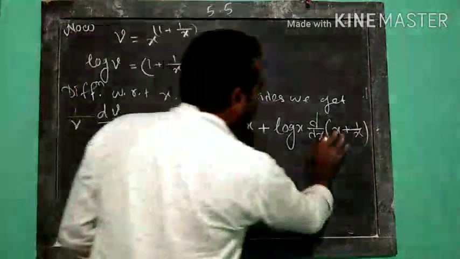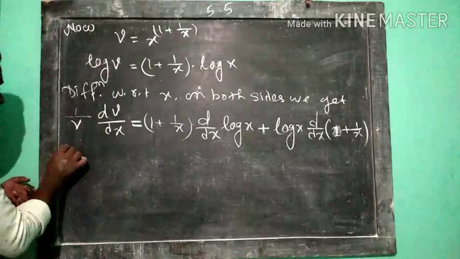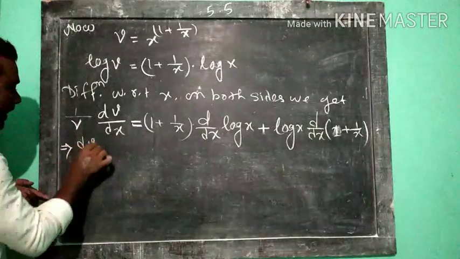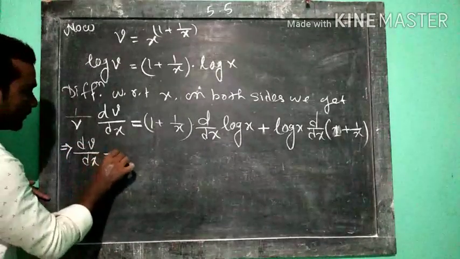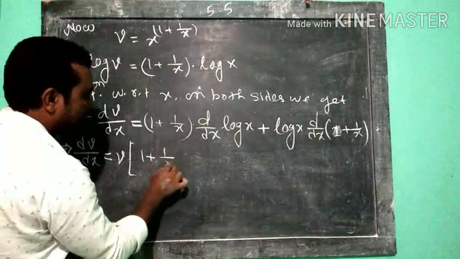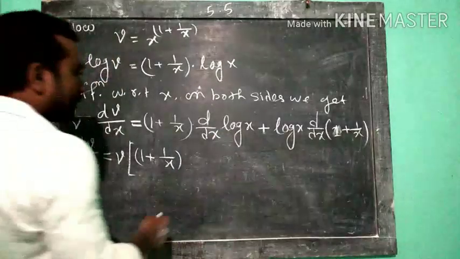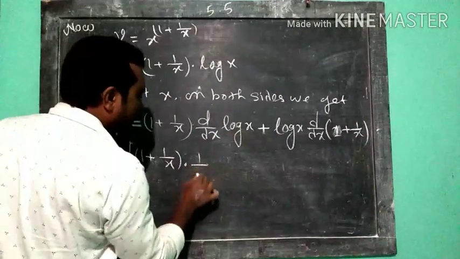This is not x, sorry, this is 1. So this implies dv dx is equal to v whole into (1 plus 1 by x) whole into dx of log x. We know the formula, dx of log x is 1 by x.